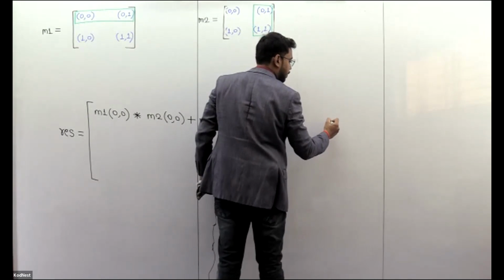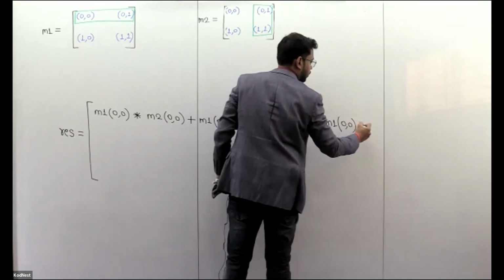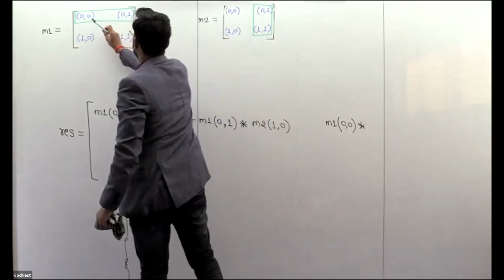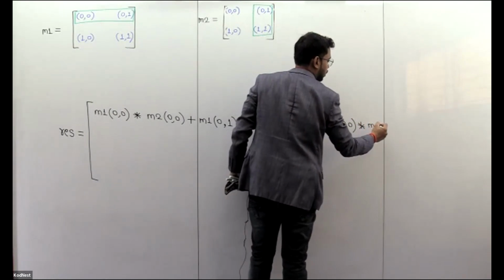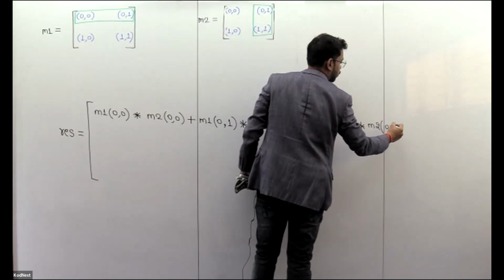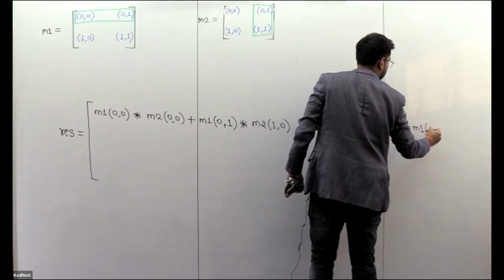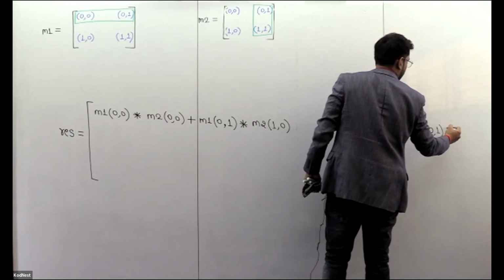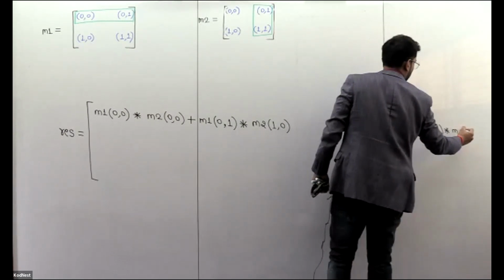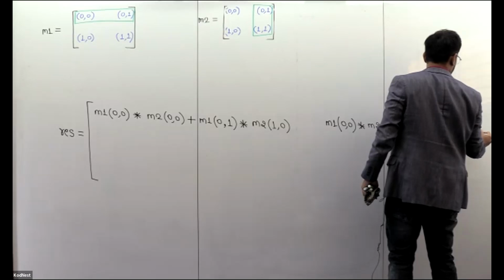So here I will tell M1, 0, 0 multiplied with M2, 0, 1 plus M1, 0, 1 multiplied with M2, 1, 1.